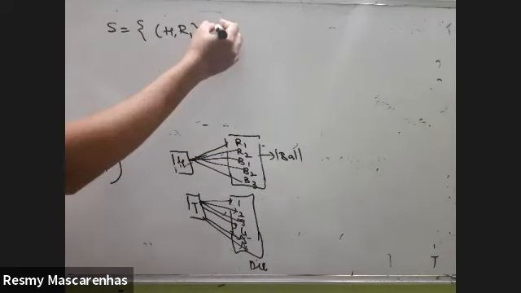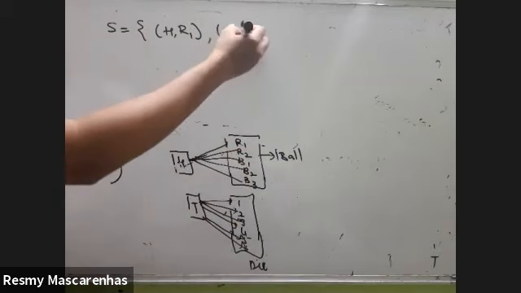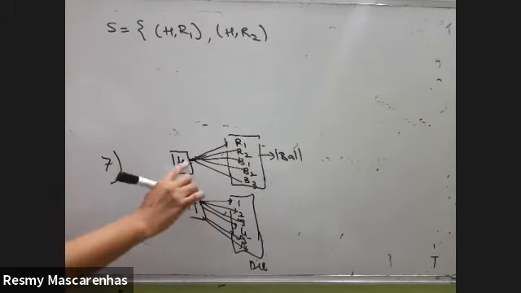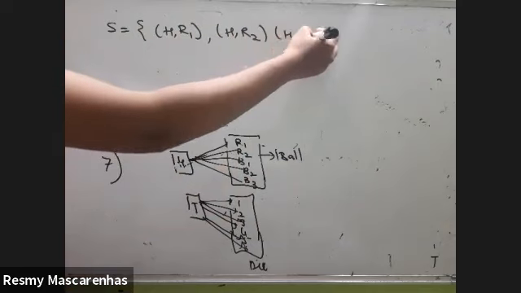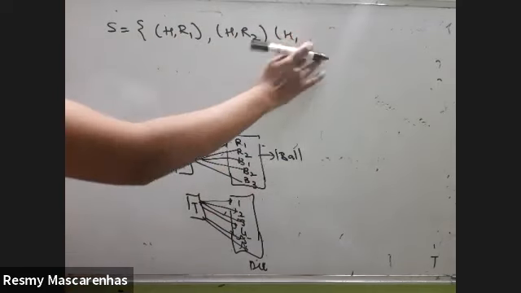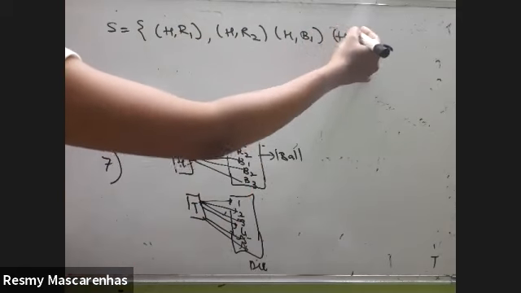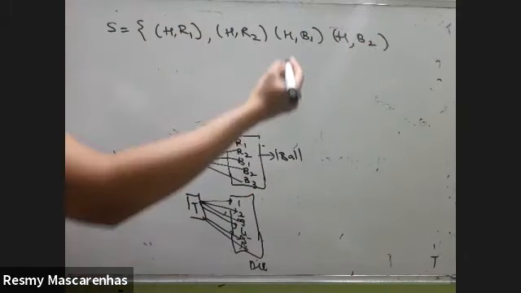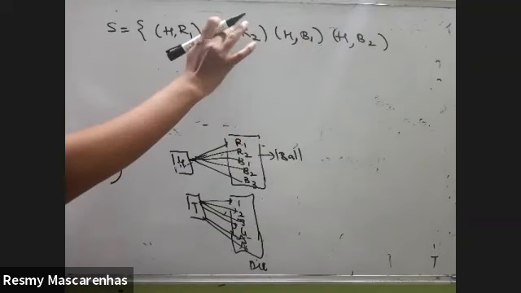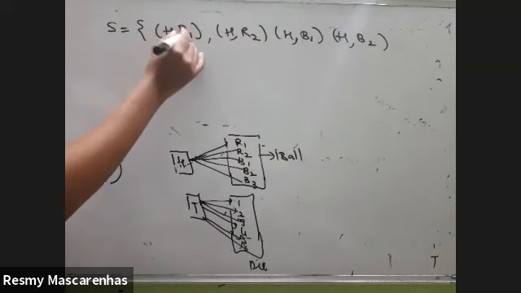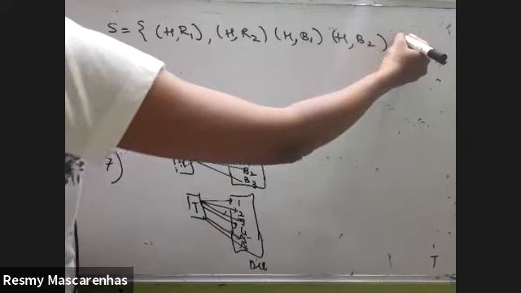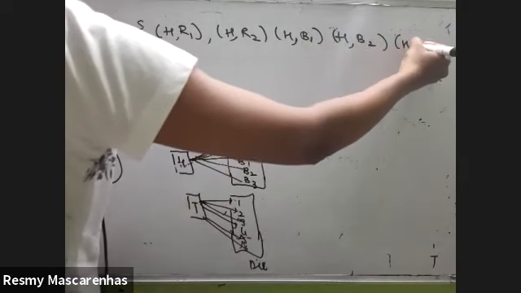Again, if you are getting a head, the second combination could be H, R2, or head and R3. Sorry, B1, then head comma B2. This is comma, not H1. Then H comma B3.